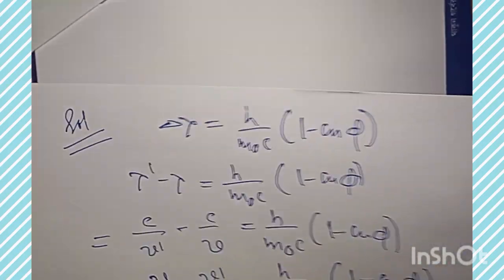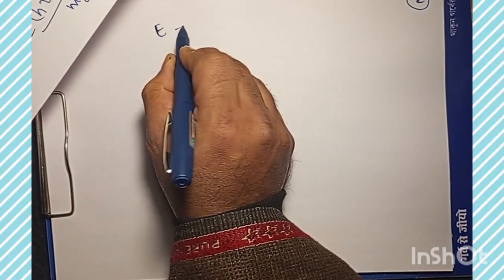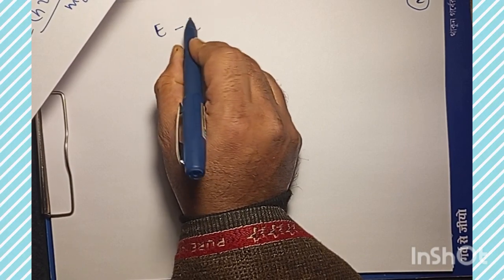So moving in the same direction, we have this equation. To make it simple in form, let me choose h nu as E and h nu dash as E dash.